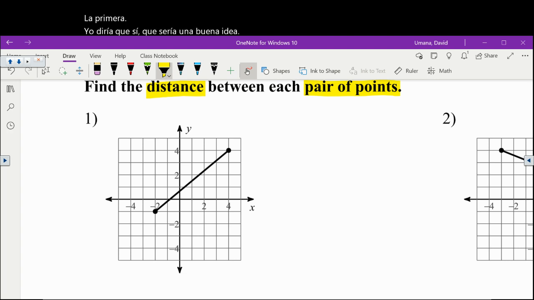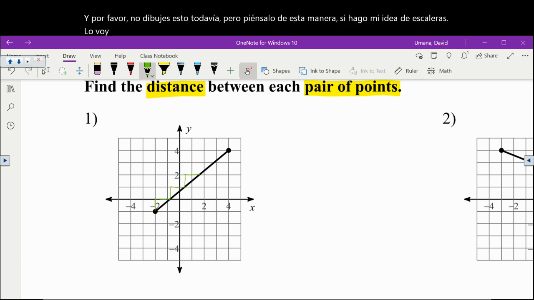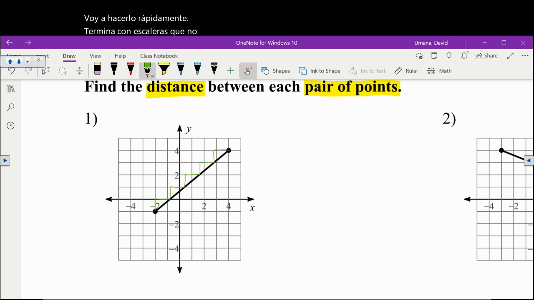And please don't draw this yet. But think about it this way. If I do my stairs idea, because of where the stairs are, I'm going to quickly end up with stairs that are not necessarily the same size.